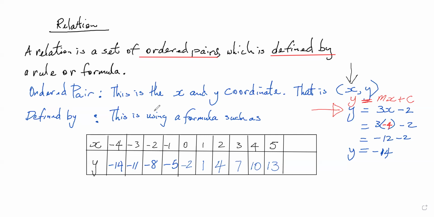All right, so why did we do all this, people? We did this to show the relation. The first relation is -4 and -14. Everybody agree with that? That's my first relation. Yes, sir. My second relation would be -3 and -11.